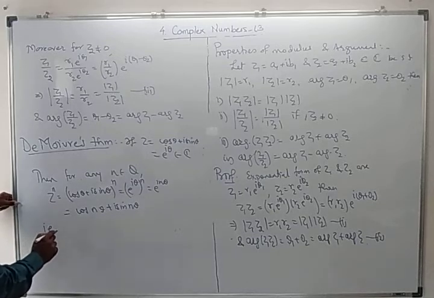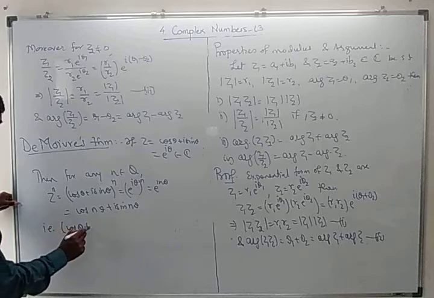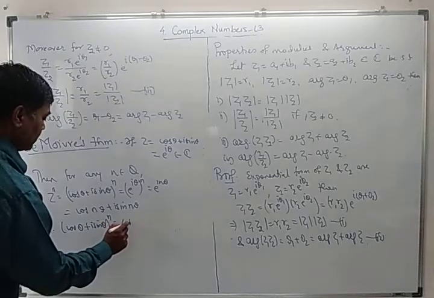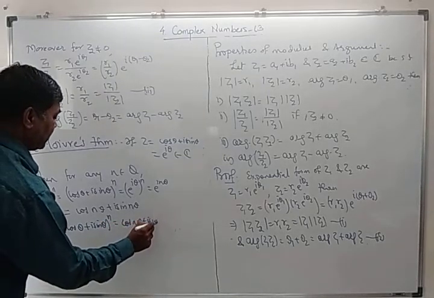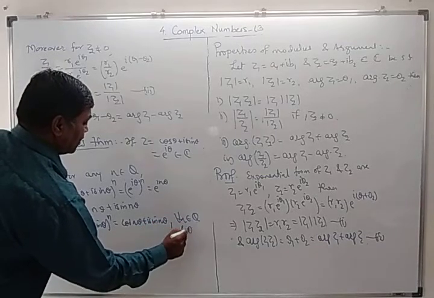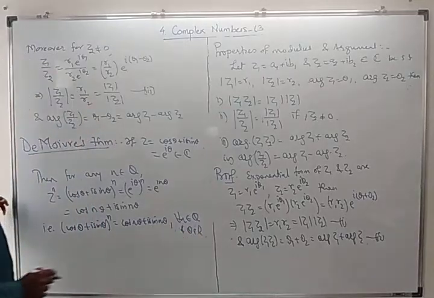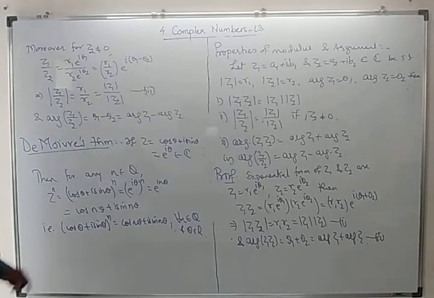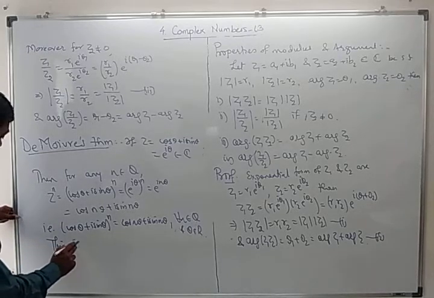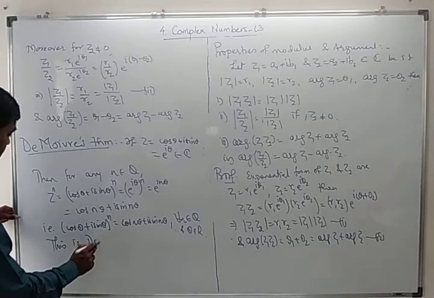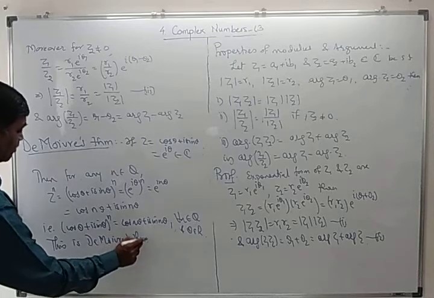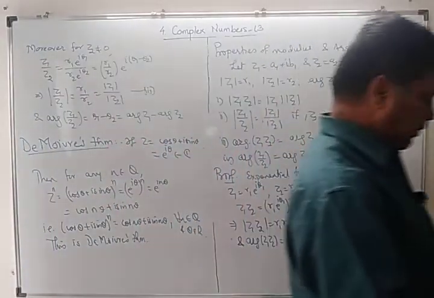That is, (cos theta plus I sin theta) raised to n is equal to cos n theta plus I sin n theta for any n belongs to Q and theta belongs to R. So this is known as De Moivre's theorem.